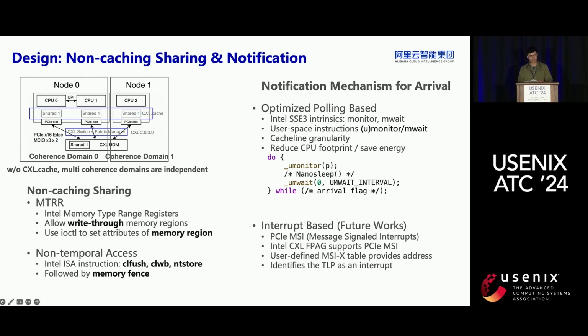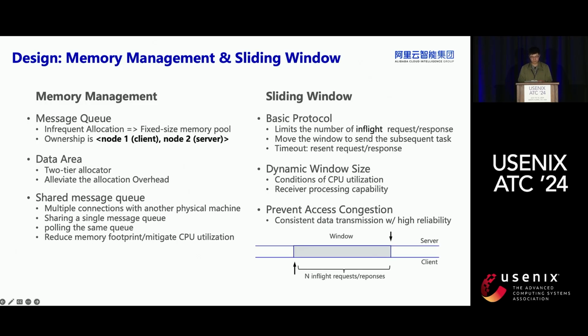Also, we have a plan to support interrupt-based notification. In our implementation, the allocation of the message queue and the data area follows separate paths. For the message queue, we use a fixed size memory pool.